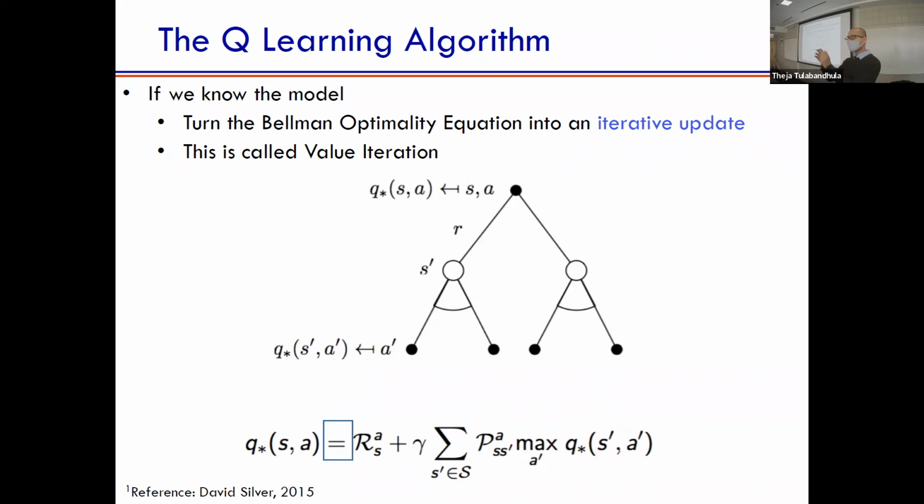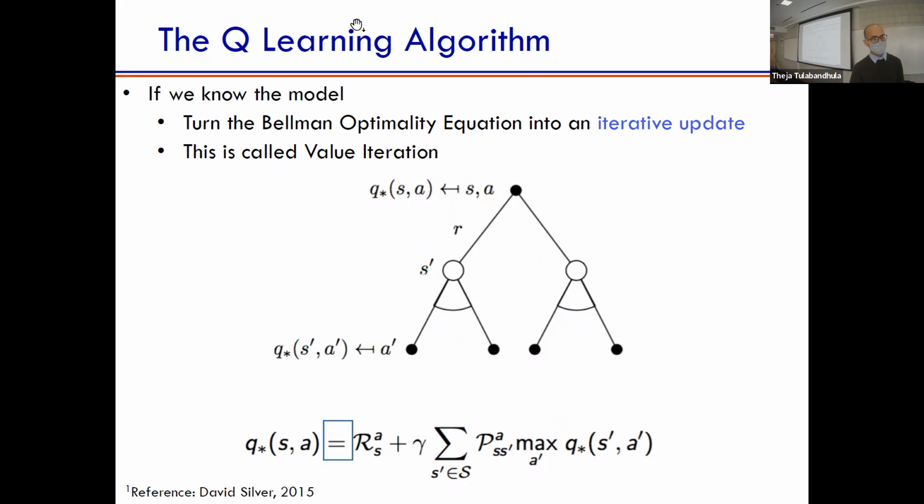Use those new Q stars, evaluate the right hand side, and get some new Q stars, and so on. That's an iterative approach, and folks have shown that it actually converges to the true Q star. That's a non-trivial result, but not in the scope of our discussion. If you just wanted to solve for Q stars given the MDP, that's called Q value iteration, and that iterative approach works.